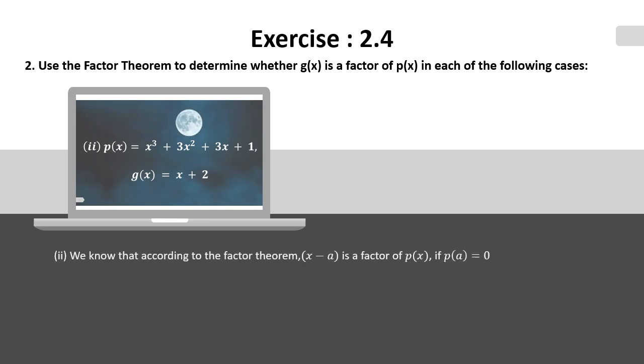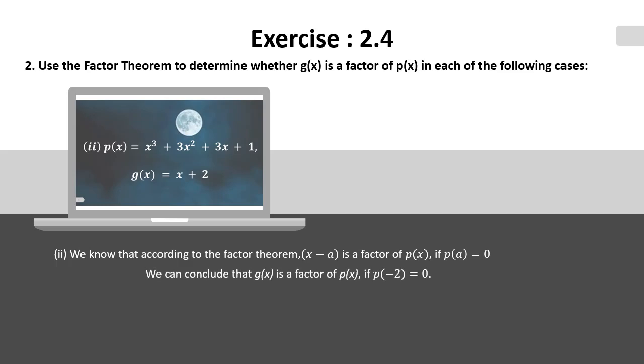We know that according to the factor theorem, if x minus a is a factor of p of x, then at x is equal to a, p of a equals 0. Similarly, we can find the zero of the polynomial g of x, such that we obtain x is equal to minus 2. When we put x is equal to minus 2 in p of x and it becomes 0, then we say that x plus 2 is a factor of p of x.